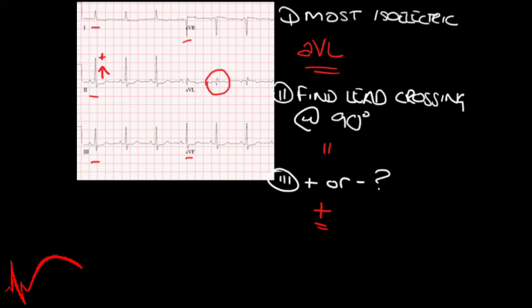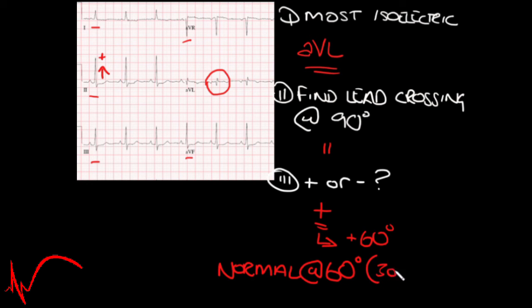So in this case we arrive at plus 60 degrees, which is normal, at 60 with a 30-degree level of accuracy. So that's how you calculate cardiac axis to 30 degrees.